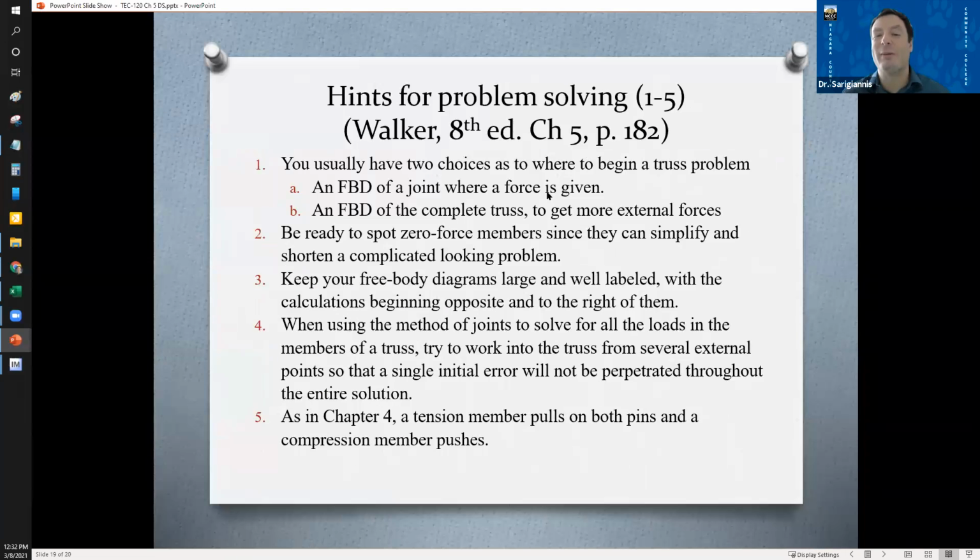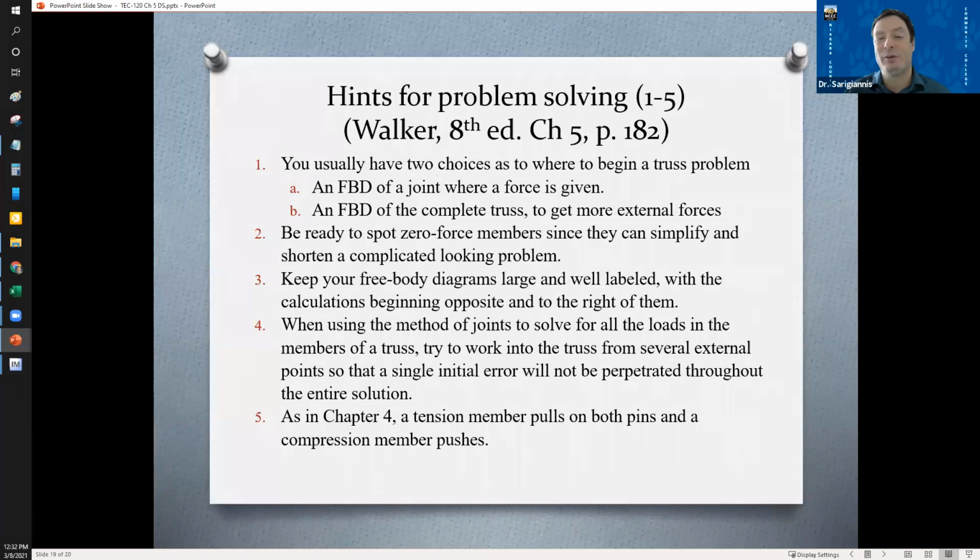Look for zero force members. Zero force members are really kind of tough to spot if you're not familiar with how the problem works. You can use some of the rules for zero force members. I'm not a big fan of having people try to spot zero force members right out the gate.